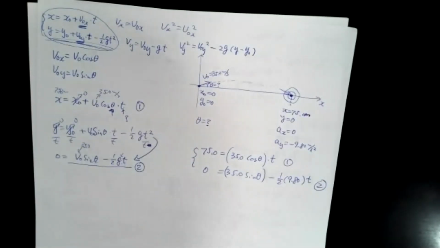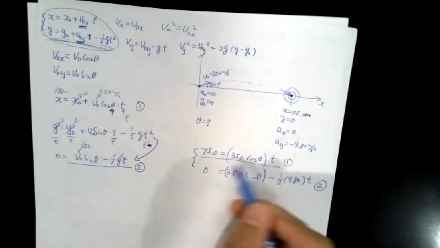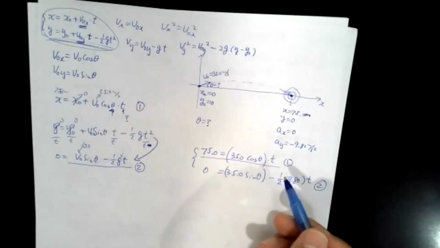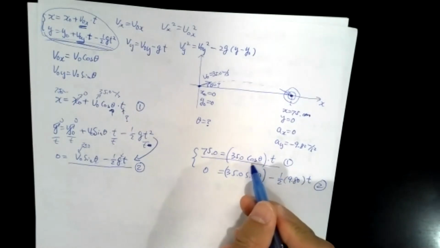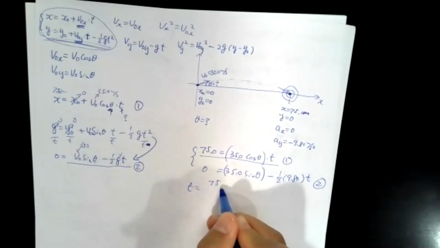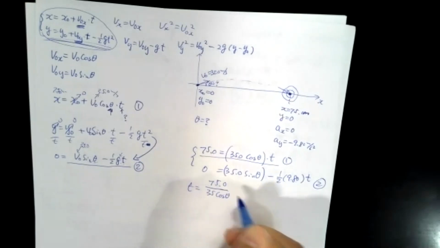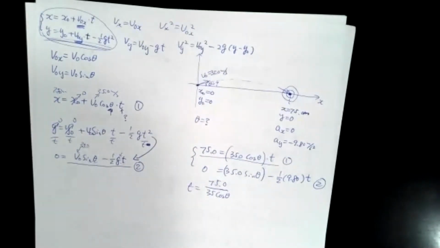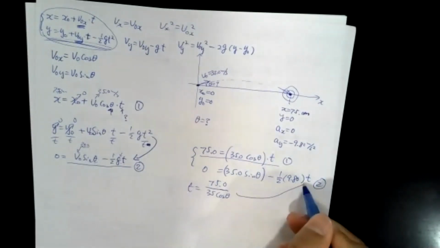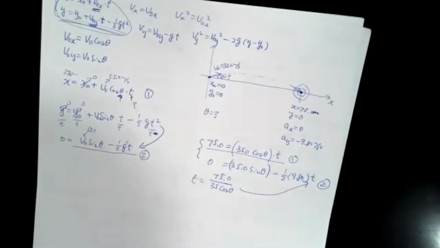To do that, you can write one unknown in terms of the other and then plug it into the other equation, okay? So from this equation, you can write t in terms of theta. Basically you divide both sides by 35 cosine theta. So t is equal to 75 over 35 cosine theta, okay? Once I do that, I can take this into the second equation, and then I'll be solving for theta in that case.